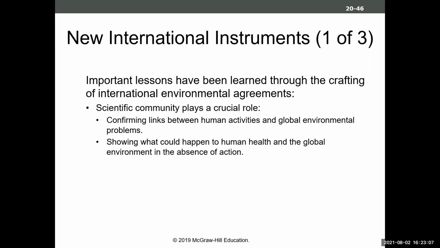We can show links of human activities with environmental problems, show that they're related, and educate the public on how they are related, showing what could happen to human health and the global environment if we don't take action, and compare that with what could be if we did lessen our impact on the environment.